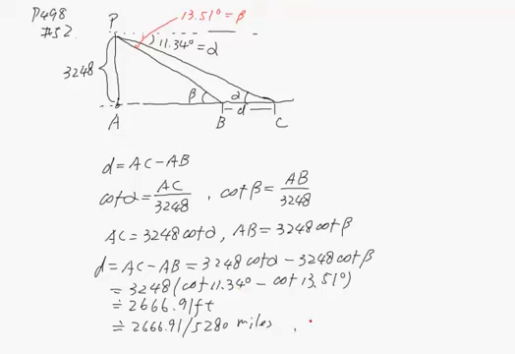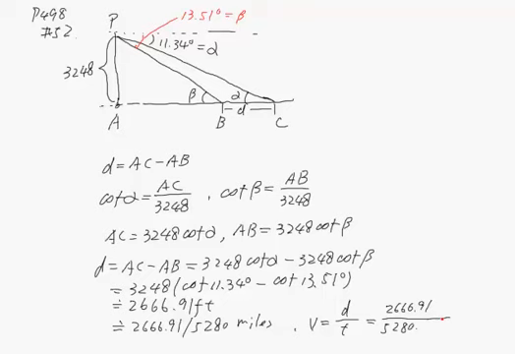Now, let's get the velocity. The speed v is equal to this d over the time, which is the 5 minutes. So you have 2666.91 divided by 5280 and divided by 5 minutes.